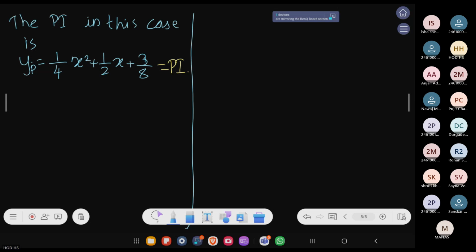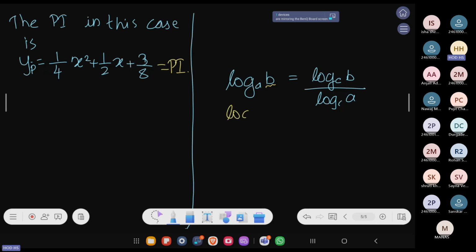So remember the base changing rule. log base a of b can be written, if I want to change the base to c, as log c of b divided by log c of a. Now suppose this b is a to the power x.